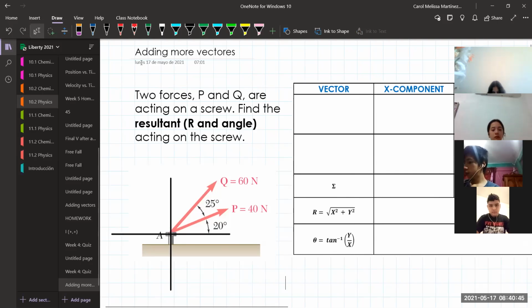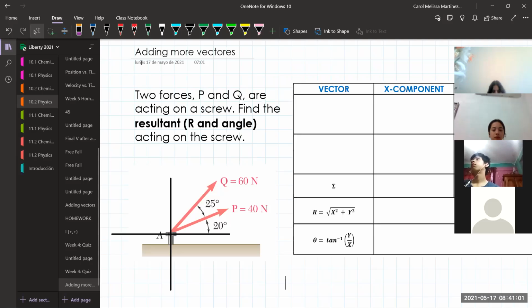So, as you can see, now I have my forces applied on the screw, but my forces are actually placed in a Cartesian plane.